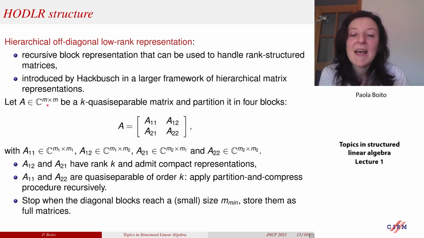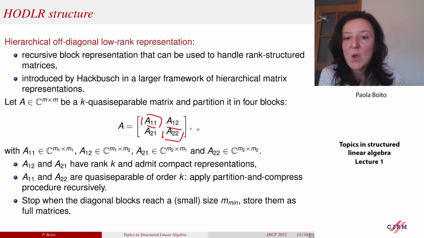Suppose we have a matrix that's of size m times n and has quasi-separability order k. Let's partition it in 4 blocks. We assume here that the diagonal blocks are square, the off-diagonal blocks need not be square. So if A is quasi-separable, what happens?